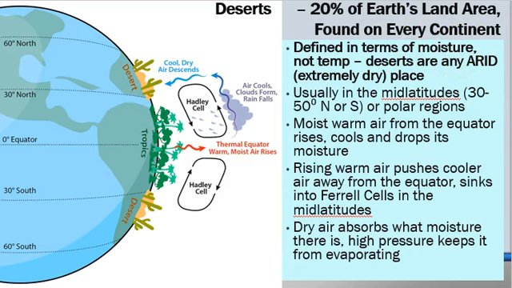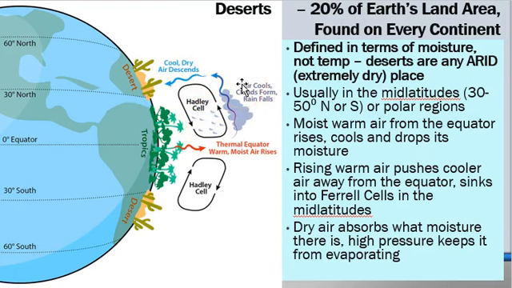So deserts are any very arid place, and arid just means very, very dry. So it could be a very cold desert or it could be a very hot desert. And again, we're going to usually find these mostly in these middle latitudes, between 30 and 50 degrees north or south, because that's where this high pressure part of the Hadley cell and the Ferrel cell are pushing down there.